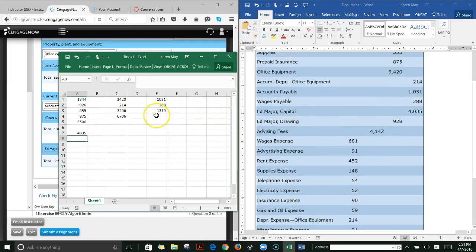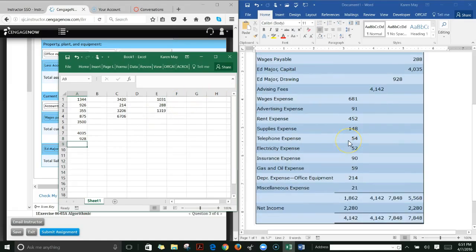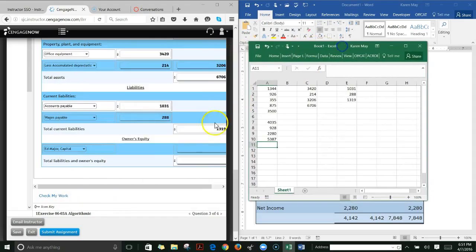So I need to subtract the 928 in drawing, and I need to add my net income of 2280. So equals 4,035 minus the drawing, and then add the net income for a new balance capital of 5387.